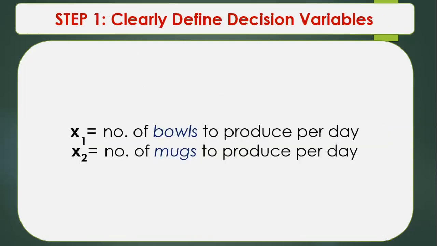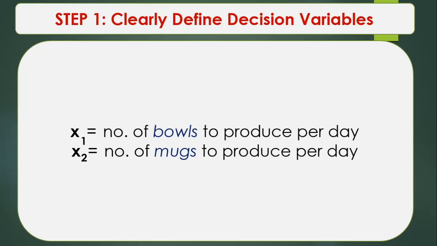In order to properly solve this problem, we need to strictly follow our model formulation steps. And remember, step 1 in solving the problem is to clearly define our decision variables. If you can recall the terminologies normally used in linear programming problems, one of those is decision variables, which refer to mathematical symbols.